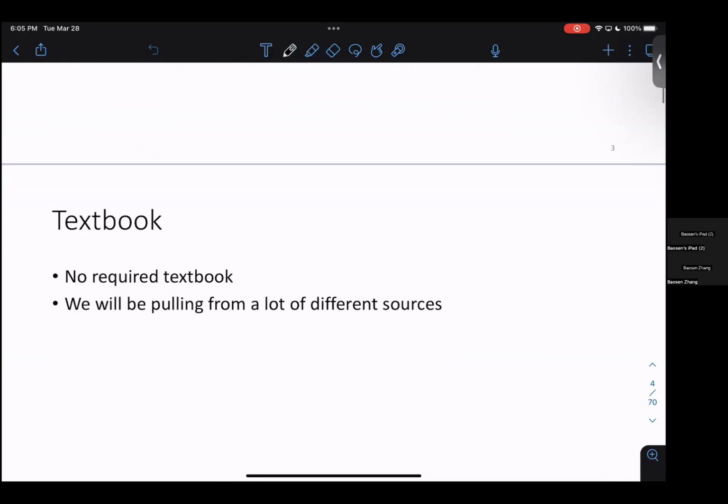Okay, so textbook, there'll be no textbook. There's really no good textbook for this kind of class. We'll pull from all types of different sources, right? For teaching power systems or the basics, there are many textbooks on that, but they're not something you can learn in a few weeks. So I'll be trying to extract material from there.